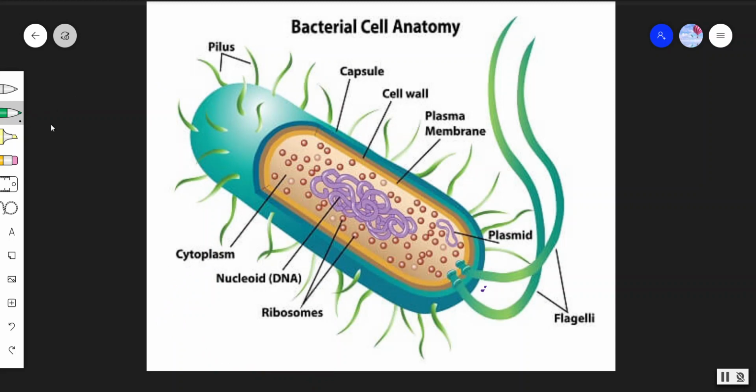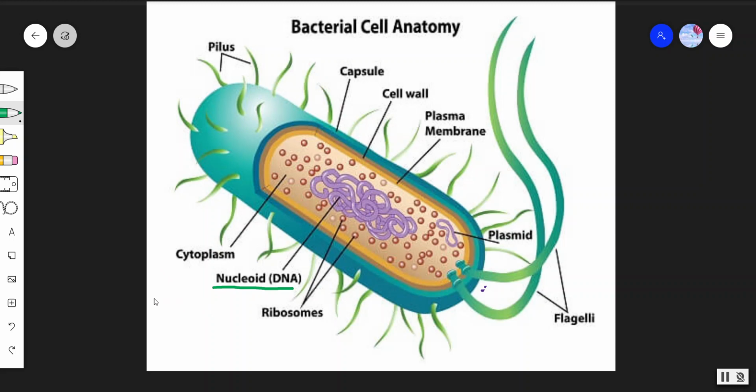Now let's get started with the DNA, nucleoid. So nucleoid is the nuclear area.